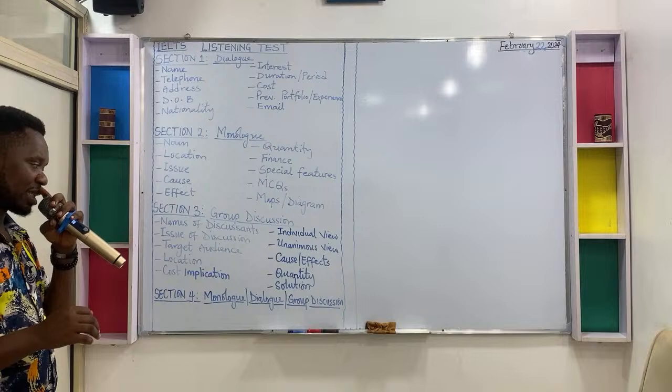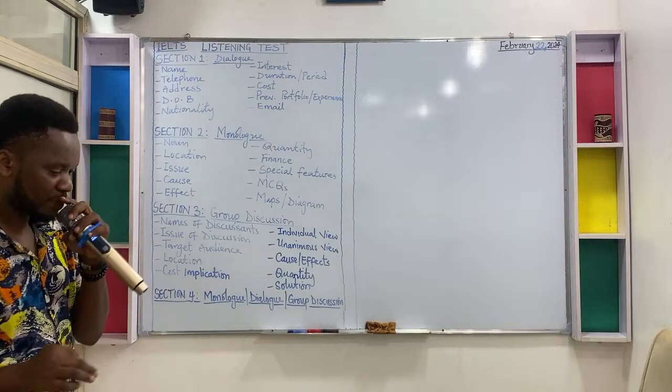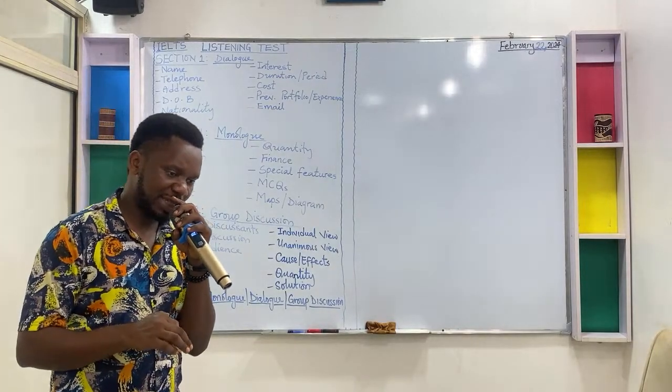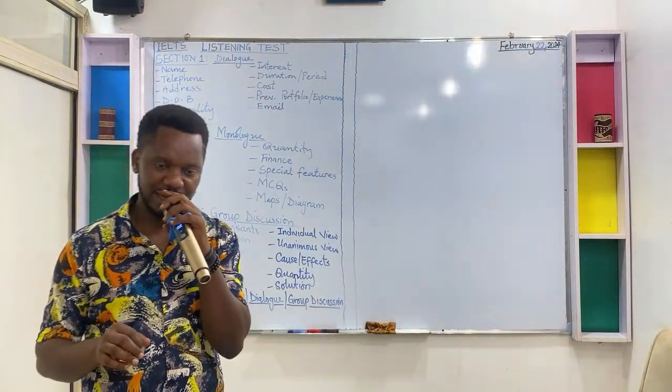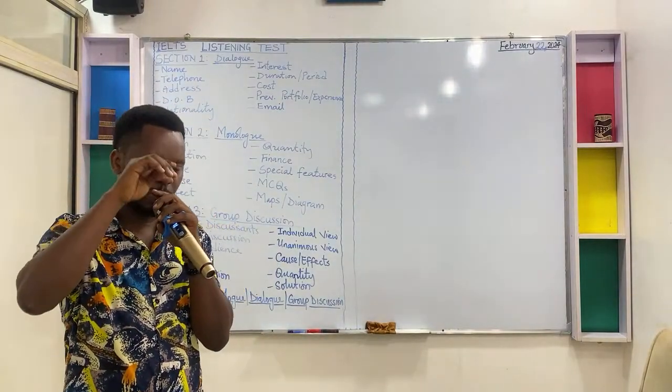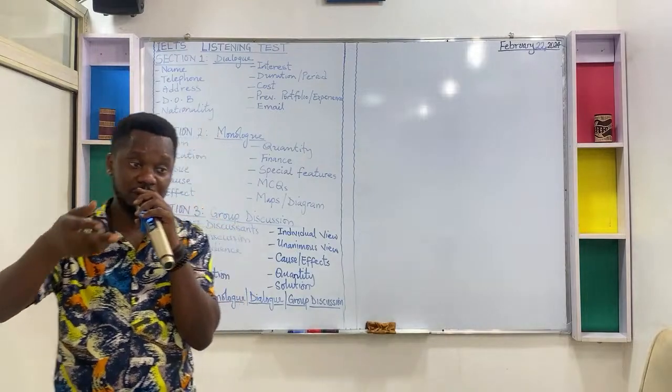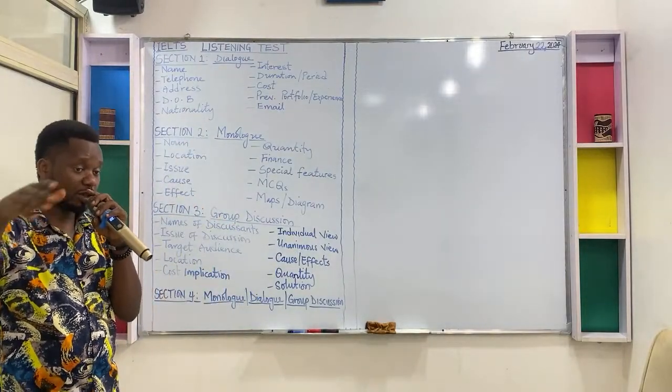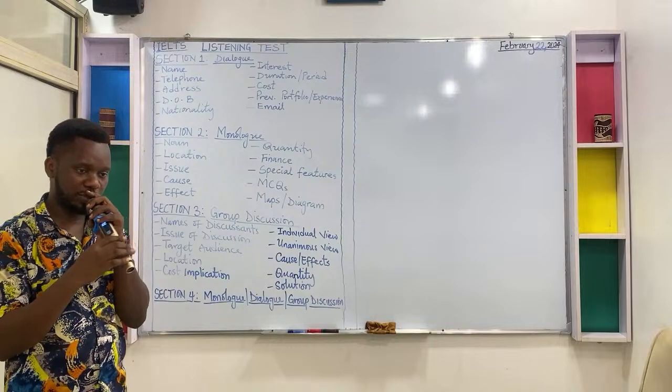Also, it is important for you to understand that when telephone number is required to be a part of your answers, most times on the question paper, the first 4 digits or 5 digits of the telephone number may be written on the question paper.